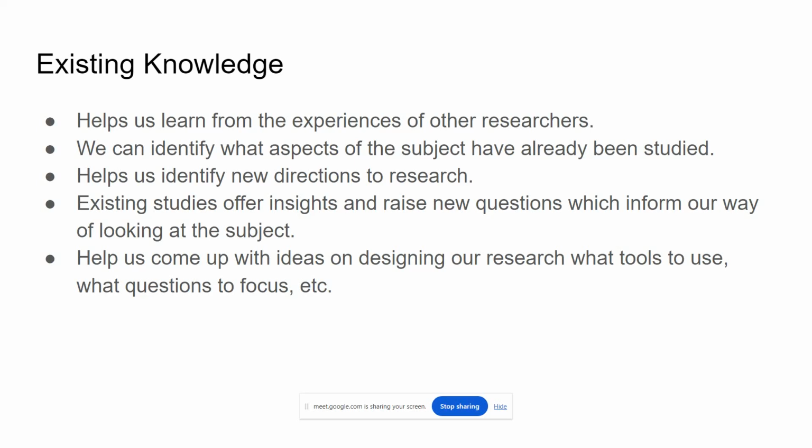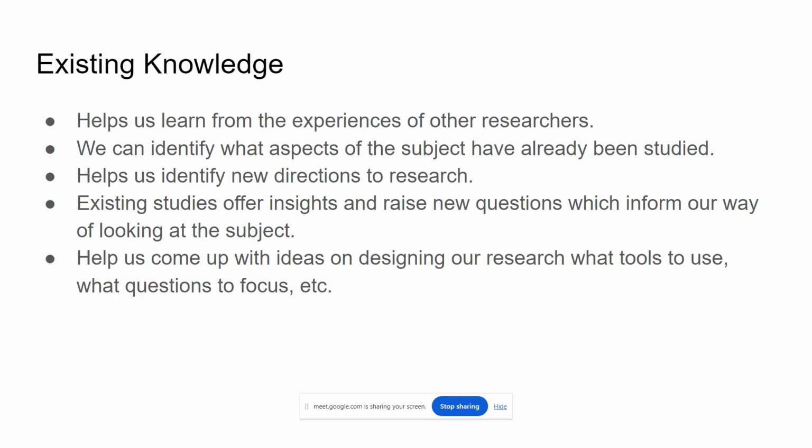But if there are things available, it would be really important to go through sources and make yourself aware of the field before going to the field. So that aspect is important. Also, these experiences of other researchers will help you not make the mistakes that they might have made, right?